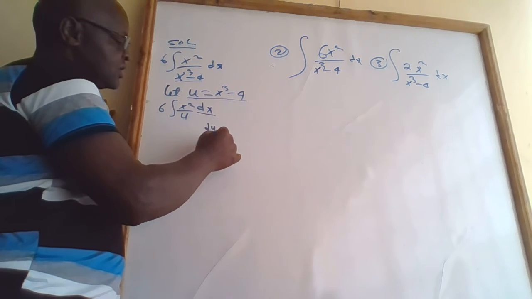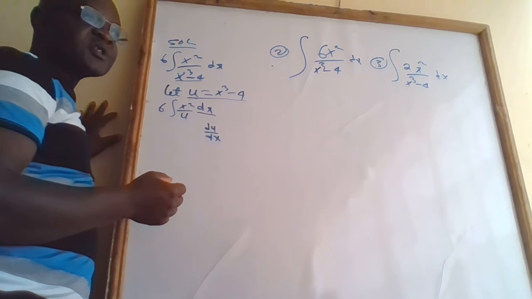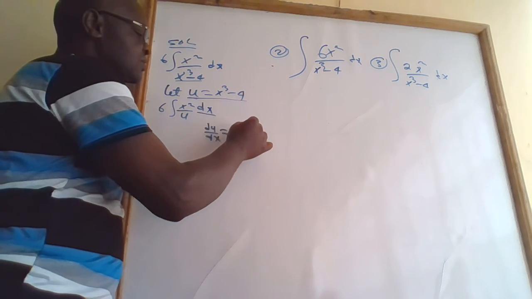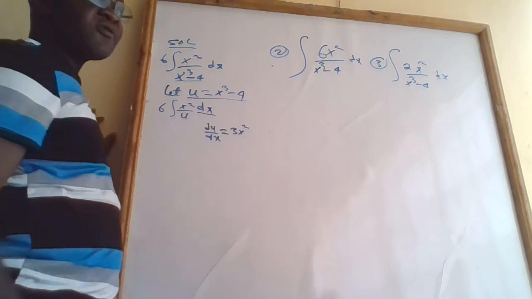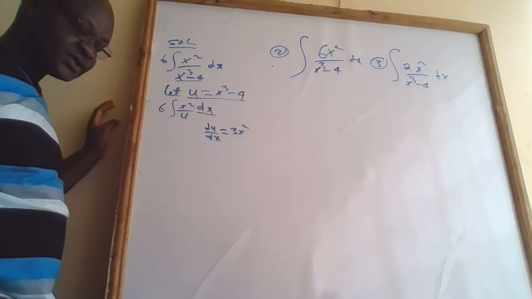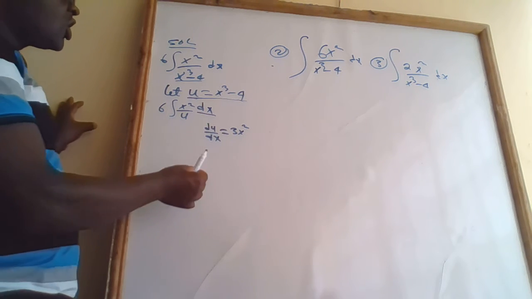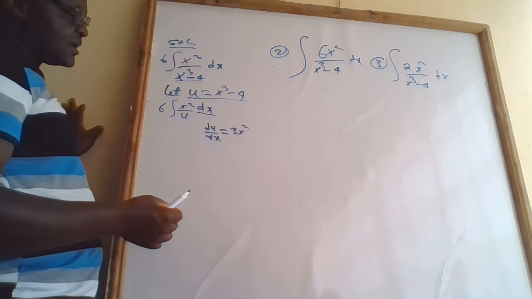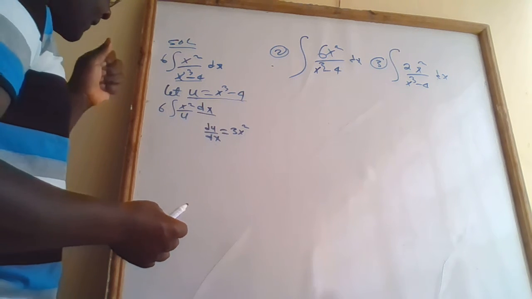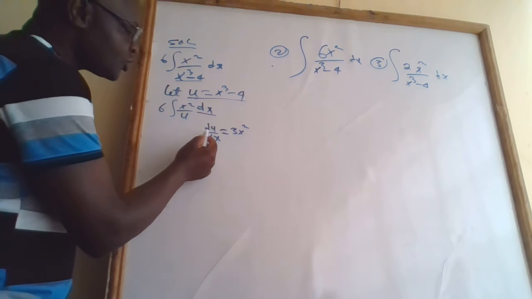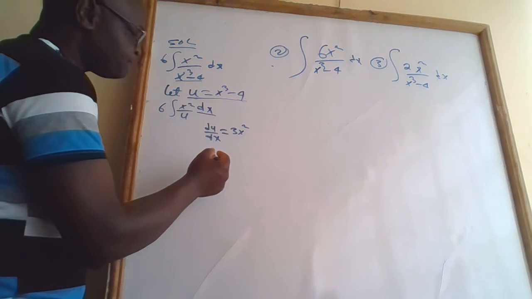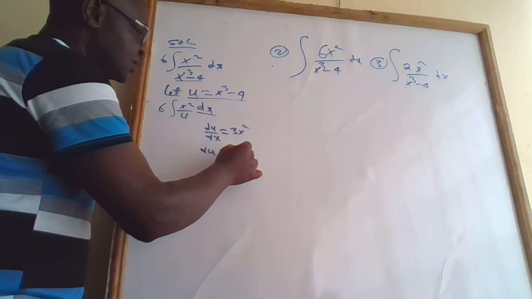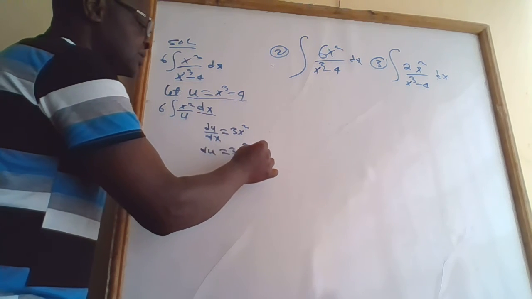Therefore, we have du dx. When you differentiate the equation with respect to x, then we have 3x squared. Negative 4 is a constant. When you differentiate a constant, you get 0. So du dx equals 3x squared. So we multiply both sides by dx, so that we have du equals 3x squared dx.